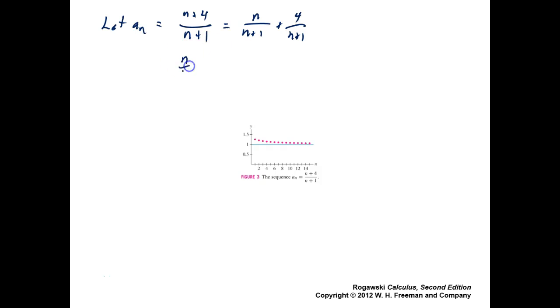This would be n over n plus 4 over n, over n over n plus 1 over n. Now that's legal, isn't it? As n goes to infinity, the 1 over n is a number, right? So you're multiplying the numerator and the denominator by the same number. That should be an equivalent form, right?